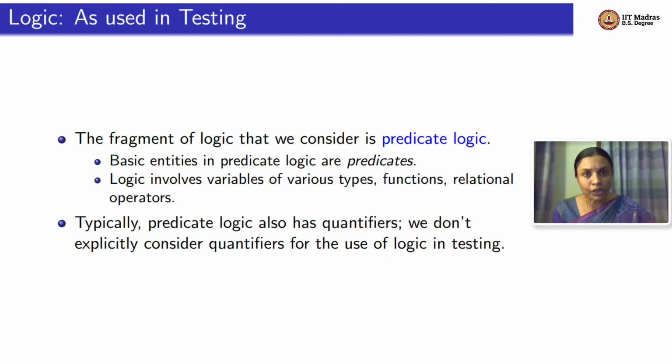It could involve functions, function calls, addition, subtraction, an arbitrary function f of x, one function calling another function, or checking if a queue is empty. Predicates also involve relational operators, which are less than, greater than, less than or equal to, and it could have complex relational operators like set membership.